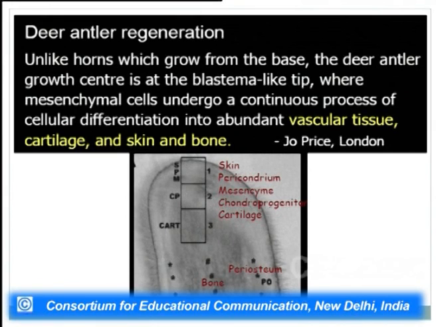So, deer antlers can practically develop by themselves, regenerating properly by giving rise to vascular tissue, cartilage, skin, and bone, just like the newts do. So, that is all about regeneration capacities and abilities in different invertebrates and vertebrates that we discussed.